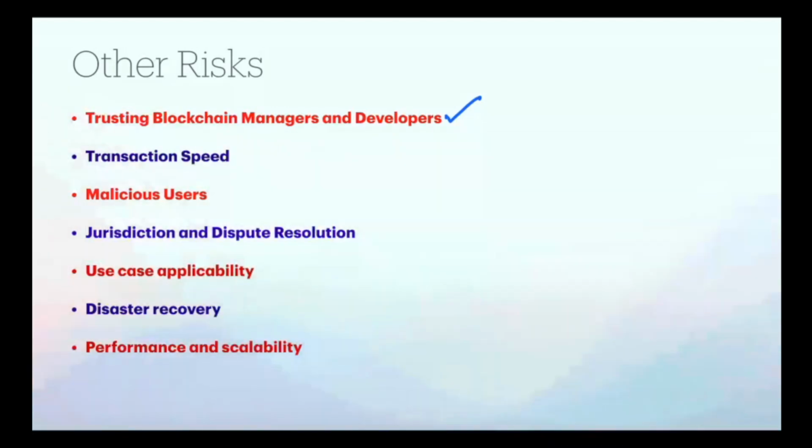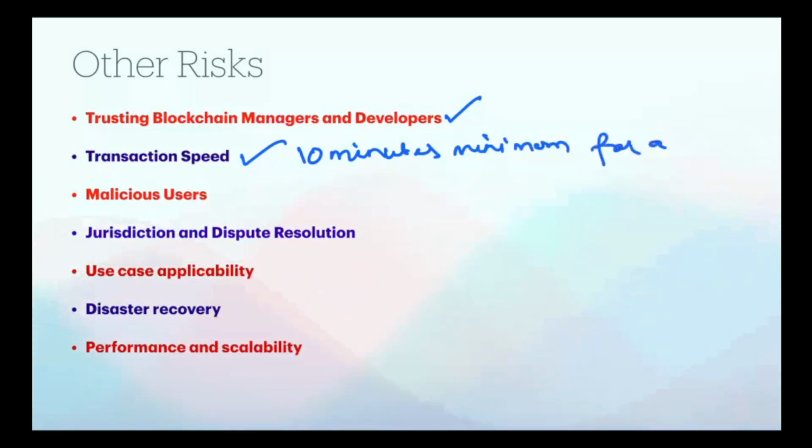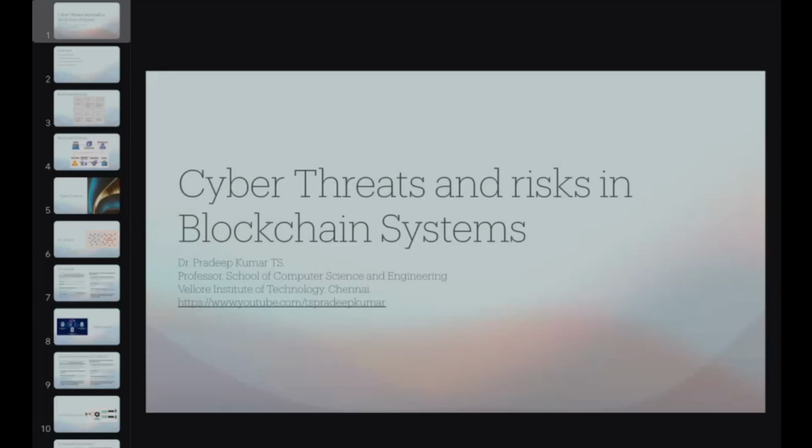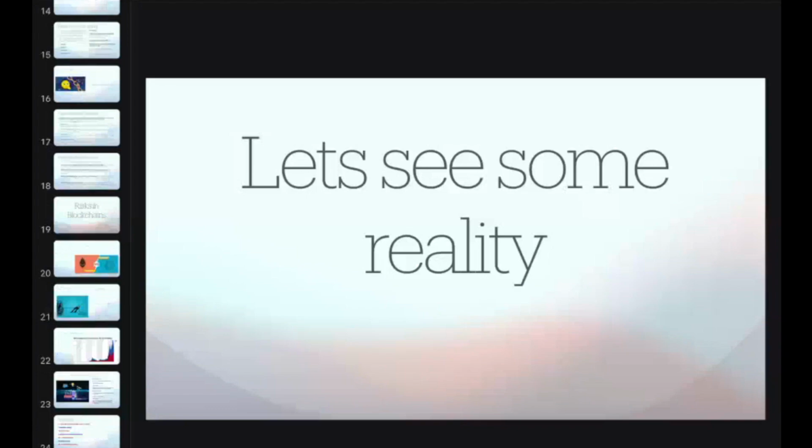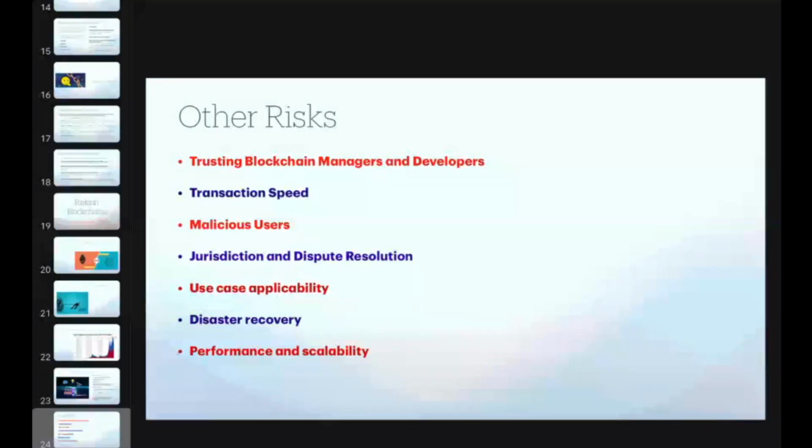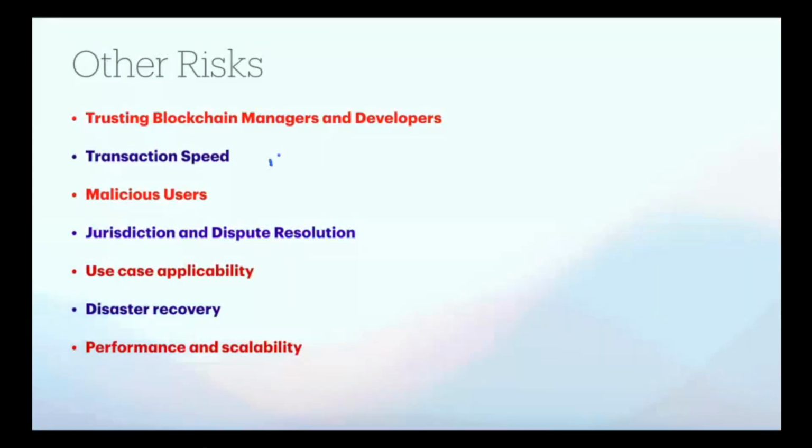Next thing is the transaction speed. The speed of the transaction. In what time does it go? As I told you, 10 minutes it takes minimum for a Bitcoin to mine.